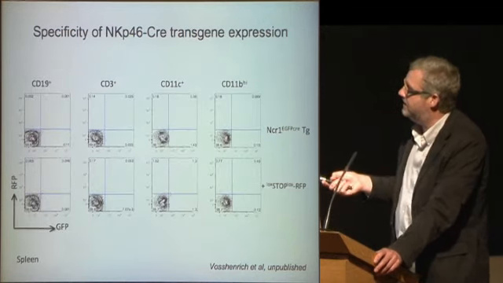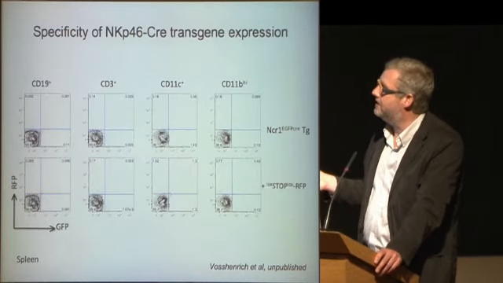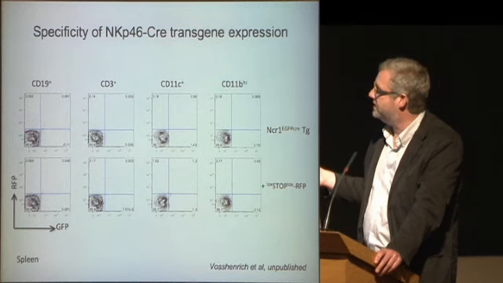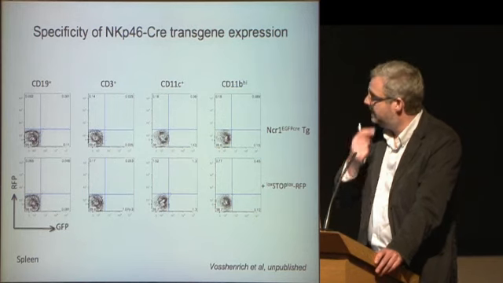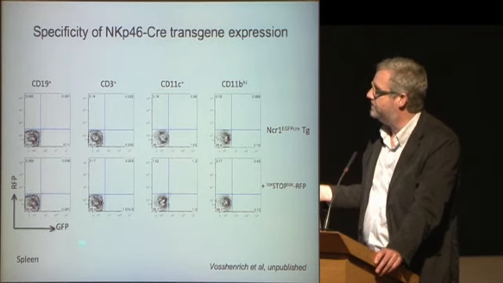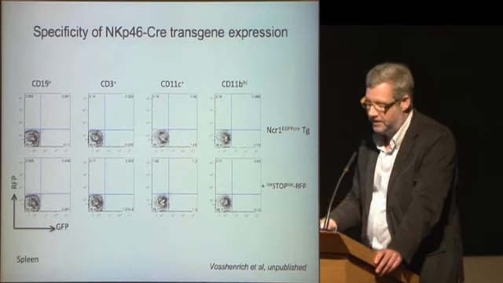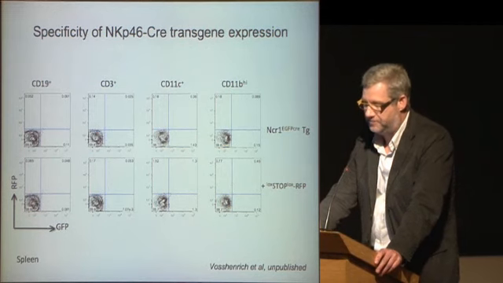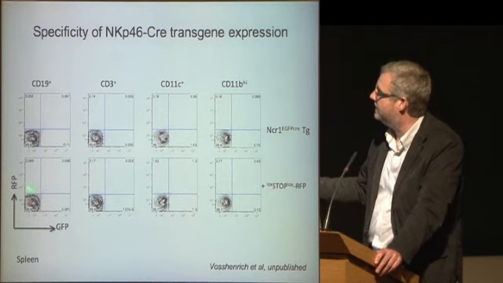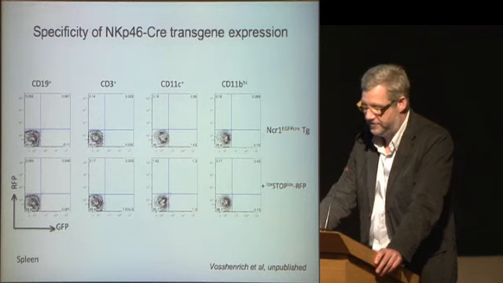It's not expressed in any of the other lineages as far as we can see in the hematopoietic system. It's not in B cells, T cells, myeloid cells, dendritic cells. And this is also using this stop RFP model where it's very sensitive for looking at small numbers of cells which might have indiscriminate expression of the transgene. We don't see that really in any of those lineages.